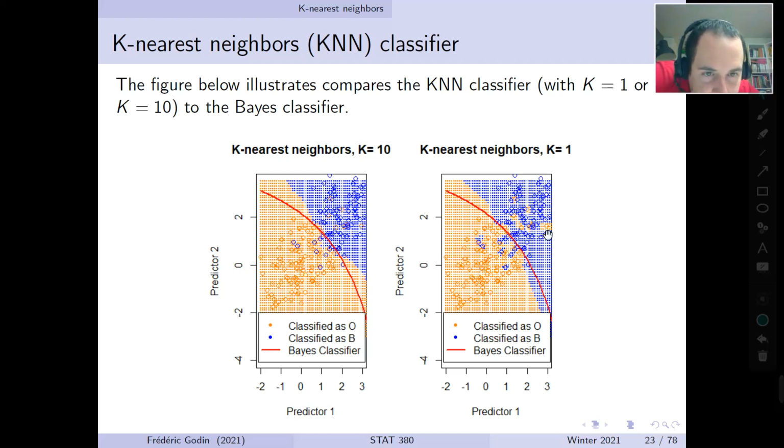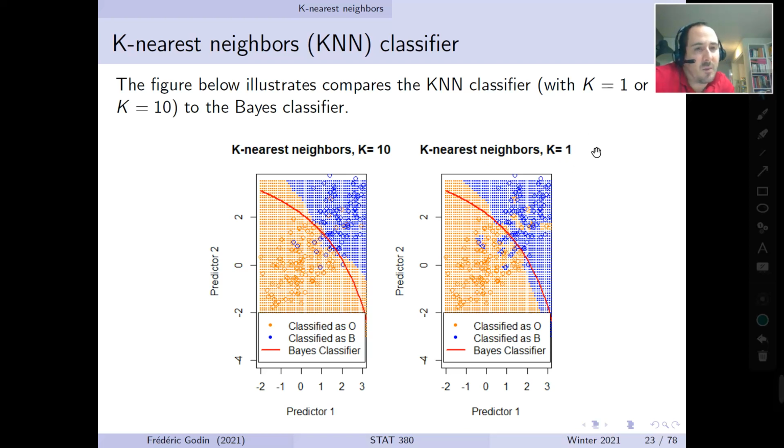If you're in this region here, for these points, the K-nearest neighbors would classify as orange because the nearest neighbor is orange. But in practice, this is not reasonable. If you're in this region, most likely you should classify as blue because there are many more blue points in this area. So clearly, classifying as orange here is some overfitting, which is undesirable, and this is because K is too small.